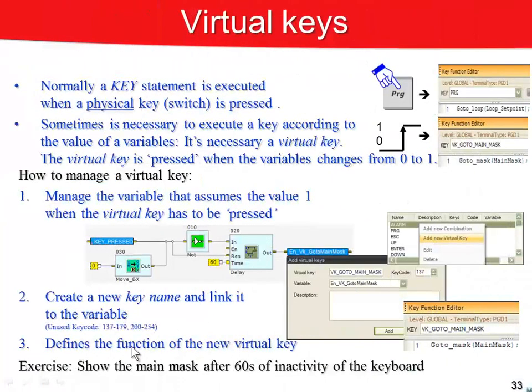Step number 3, we have to define the function of the new virtual key. As I told you before, it is not something new, because we have done that at least 3 times before. The new key has to show the main mask. We know how to show a mask: go to loop or go to mask.